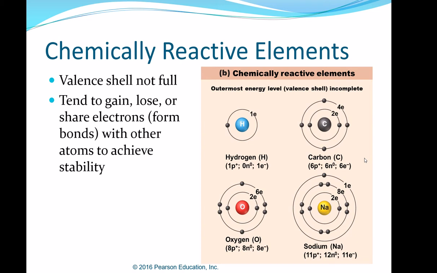Hydrogen, carbon, sodium, oxygen, all the examples that you see here, these are very, very reactive elements that are going to interact with a lot of other elements to form chemical bonds. Bonds between the valence shells and the electrons of the valence shells.